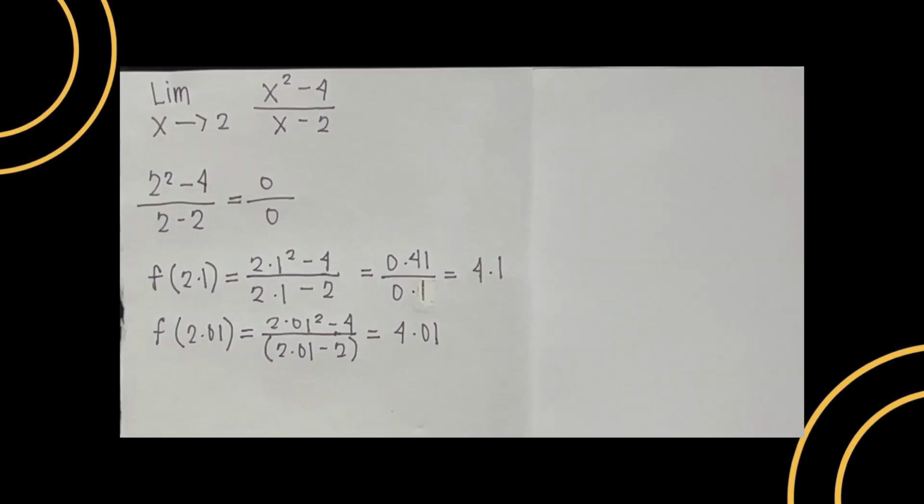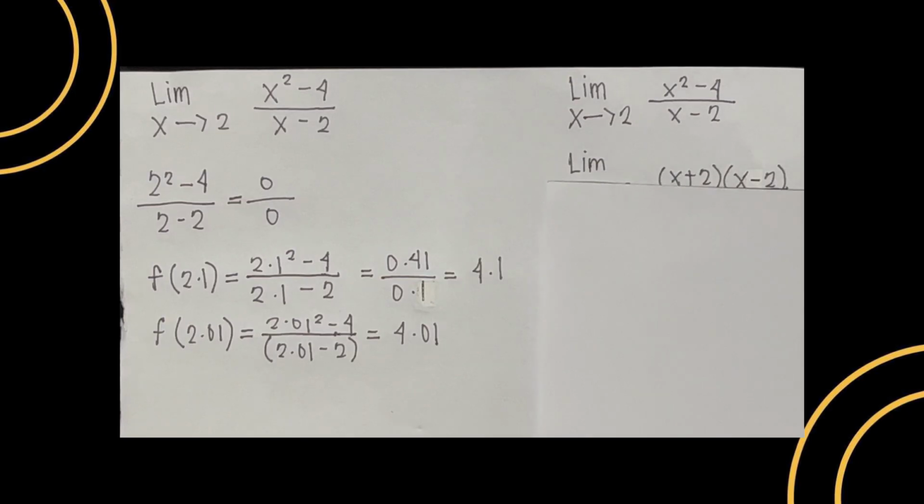Now sometimes you have to use other techniques to get the answer. In this particular example, we could factor x squared minus 4. You can write it as the limit as x approaches 2 of x plus 2 times x minus 2 over x minus 2. Notice that we can cancel x minus 2.